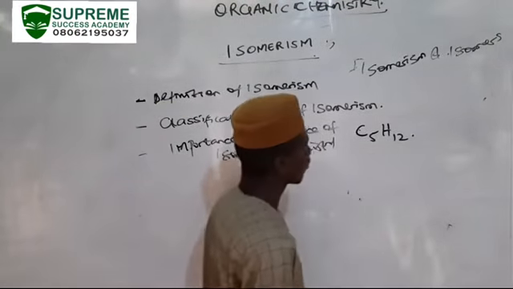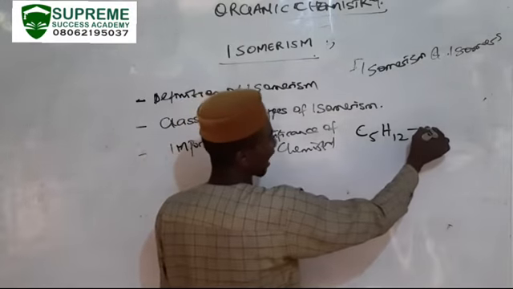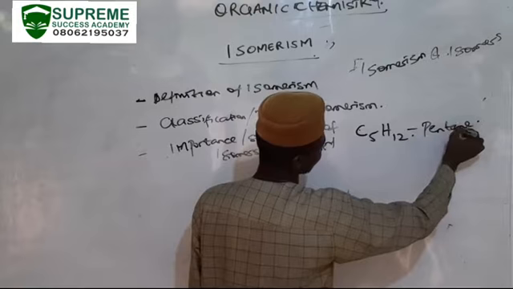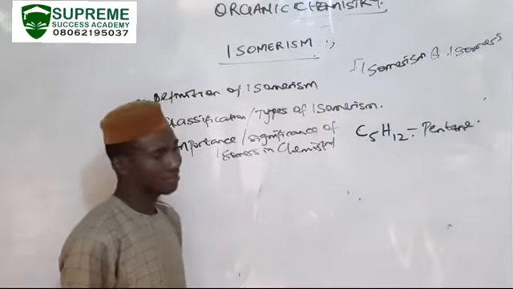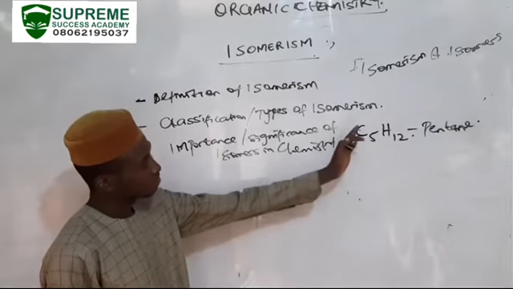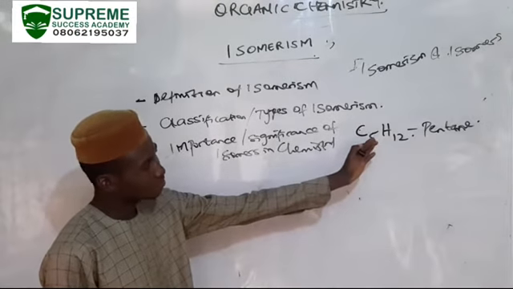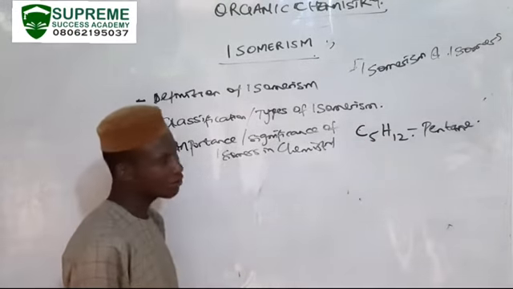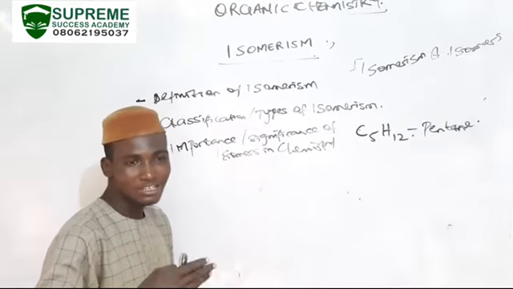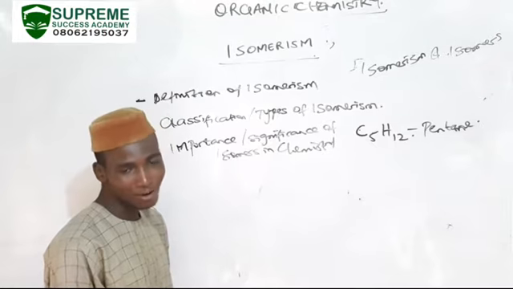C5H12 is a compound referred to as pentane. C5H12 is pentane. However, this compound, this molecular formula of C5H12 can represent a number of other compounds.